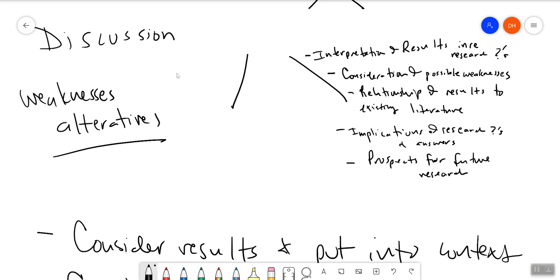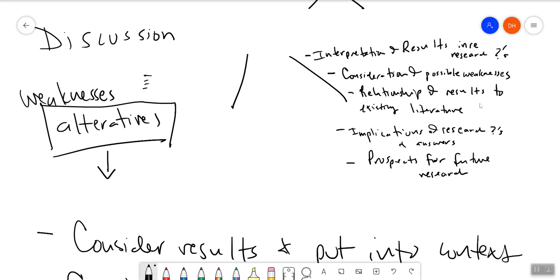So you might come across these as you're designing your research framework. So keep those in mind, make a list of them. And then those will show up in the discussion because alternatives in your research design are going to lead to prospects for future research, okay? So consideration of possible weaknesses is very important.